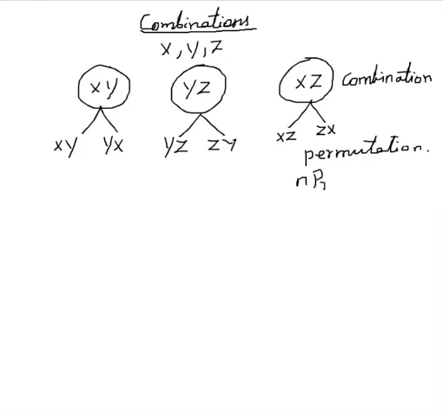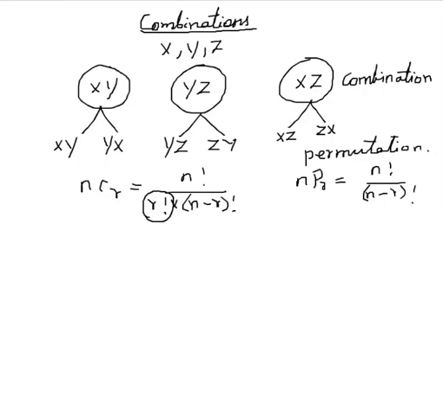So the nPr formula is n factorial by n minus r factorial, and the nCr formula will be n factorial by n minus r factorial times r factorial, because r factorial permutations will be one combination.